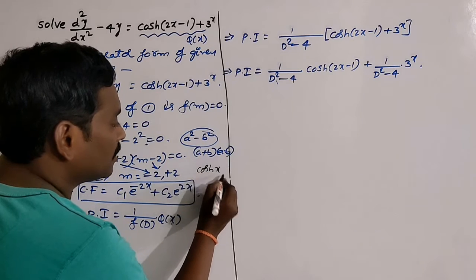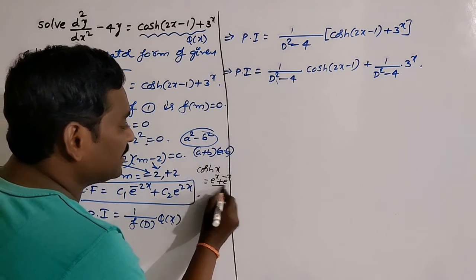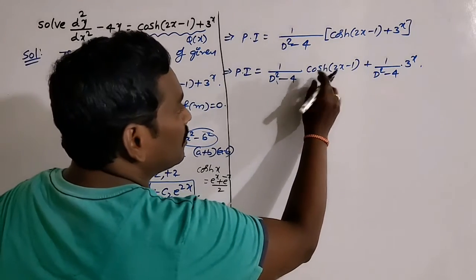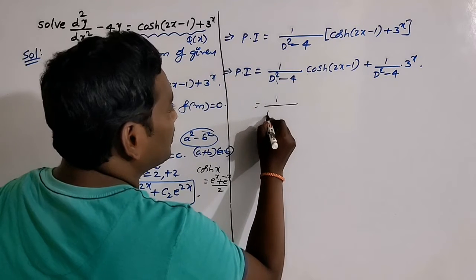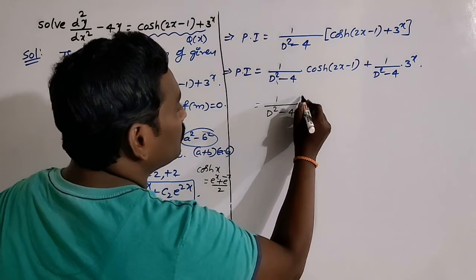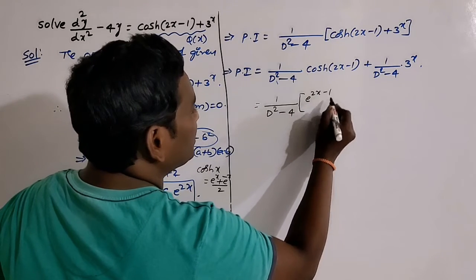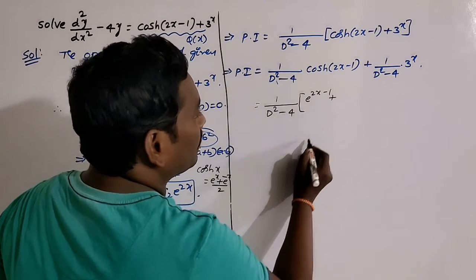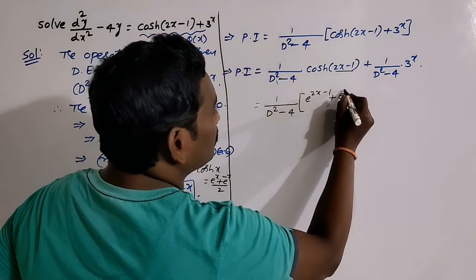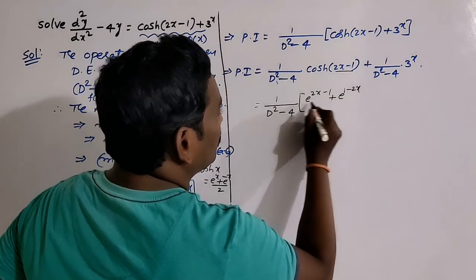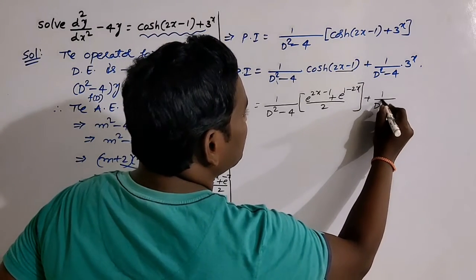Already we know that cos hx is equal to e power x plus e power minus x by 2. Here also we have cos hx form, but x is 2x minus 1. So 1 by d square minus 4 into, open a bracket, e power 2x minus 1 plus e power minus of this one, so 1 minus 2x, whole by 2, plus 1 by d square minus 4.